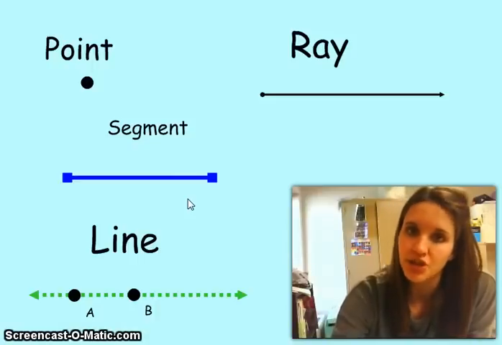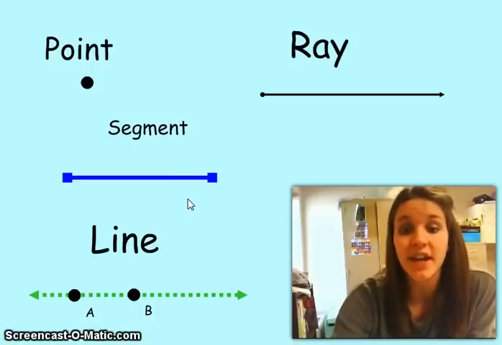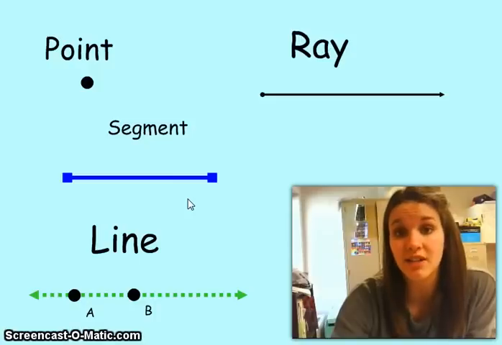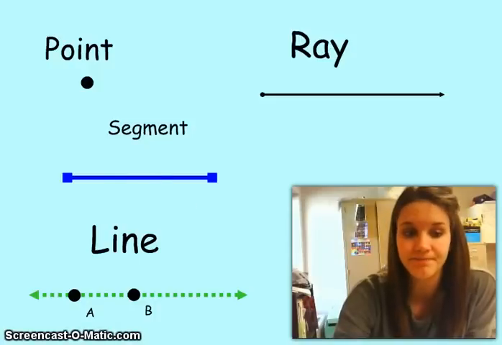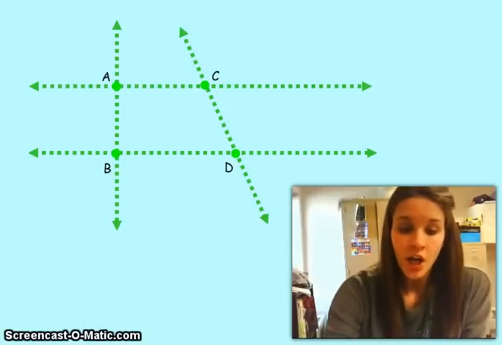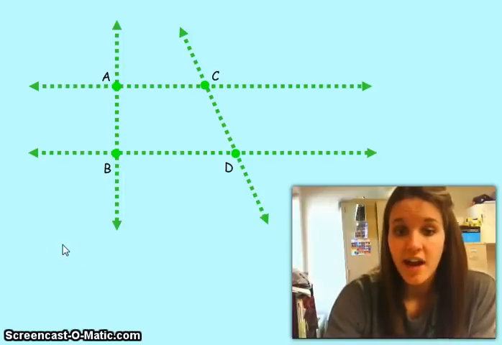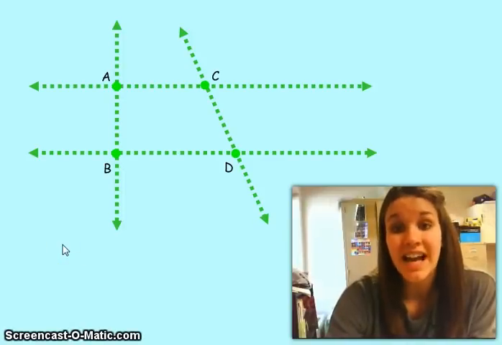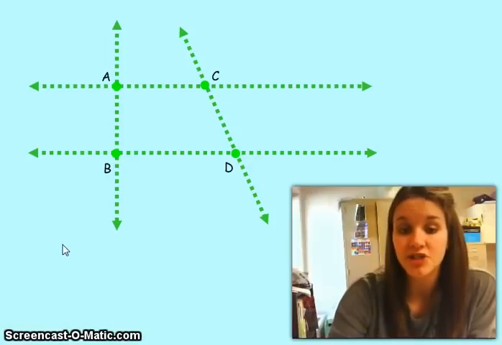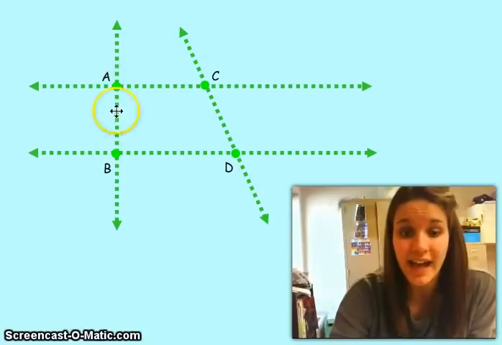I'm going to show you a picture now, and we're going to see if we can identify some points, segments, rays, and lines in this picture. Here you see I have four different lines. I know they're lines because I see a straight path of points and they're going on and on in two directions. I have a line right here. This line would be called line AB.